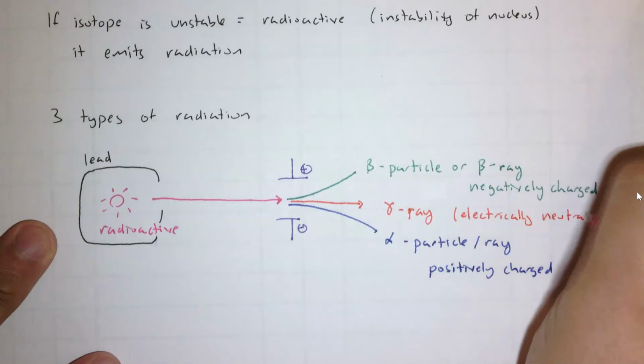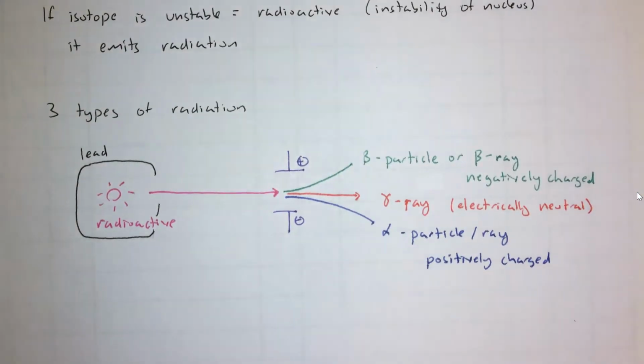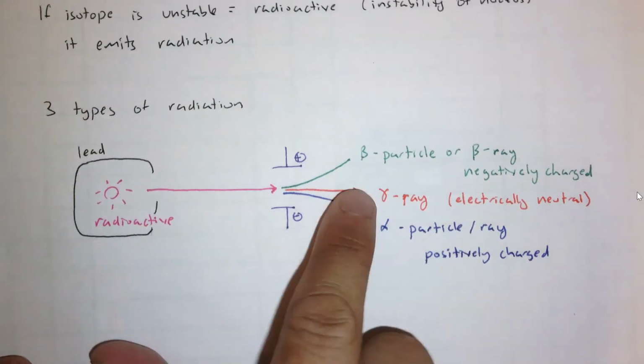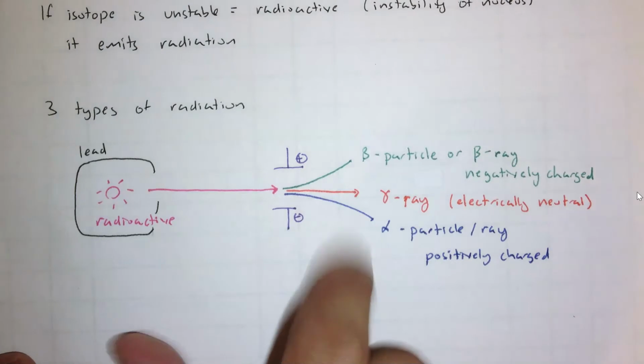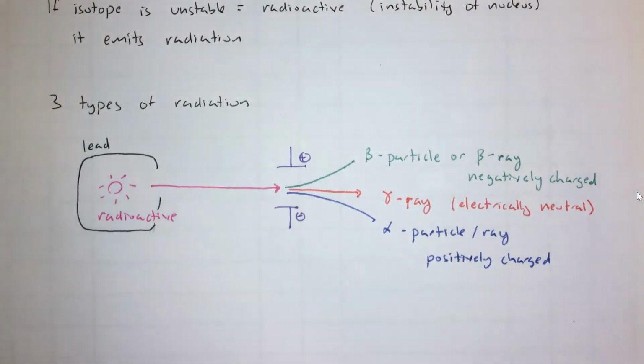Now I do want to mention that those of you who have studied radiation and these types of emissions may know these a little more specifically. For instance, an alpha particle is actually a helium nuclei. Let's not worry about that.